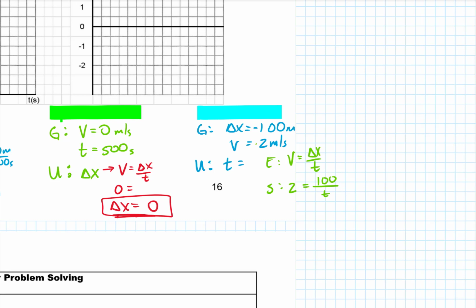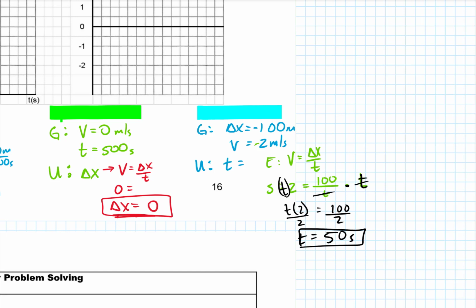That needs to be a -2, because we're walking backwards. So in order to solve for time, we have to multiply both sides by time. So we have t times 2 is equal to 100. So we'll divide both sides by 2, and we'll get that t is equal to 50 seconds.